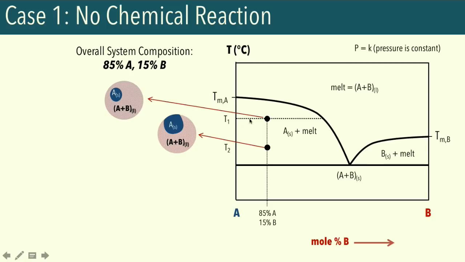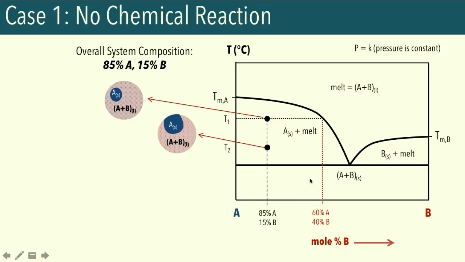So we have solid A here and the melt here, and it also tells us the composition of those phases. What's most useful here is the composition of the melt. If we draw a vertical line from the tie line's intersection at the melting curve at T1, we can determine the composition of the melt as 60% A and 40% B.